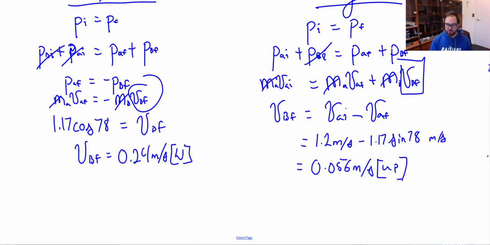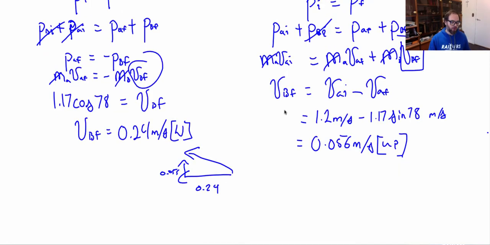So now let's quickly make a drawing of what we have. I have a vector going west at 0.24, and I have a little bit going up at 0.056. So my resultant is going to be something like this. So we have to calculate that resultant to give me my answer. To find my resultant, I have to combine my x and y with the Pythagorean theorem and then use tangent.